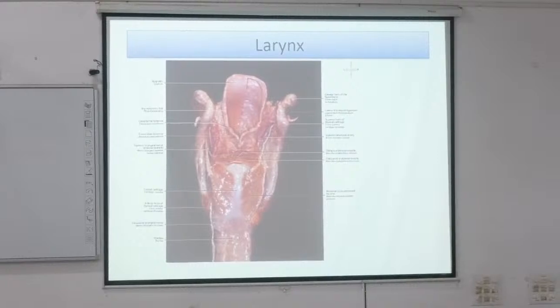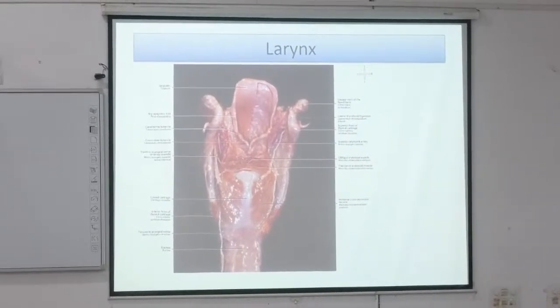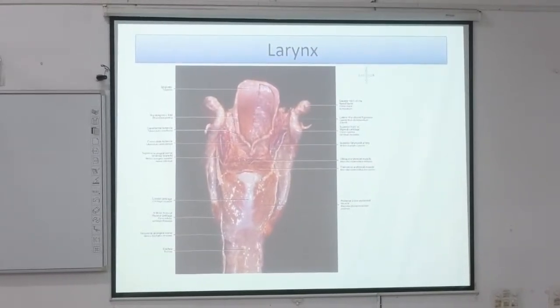Now we start from the palate and go to the larynx. It is very important. Tomorrow, I have seen that for the B batch there is a very beautiful specimen, and possibly many of them have understood the larynx.